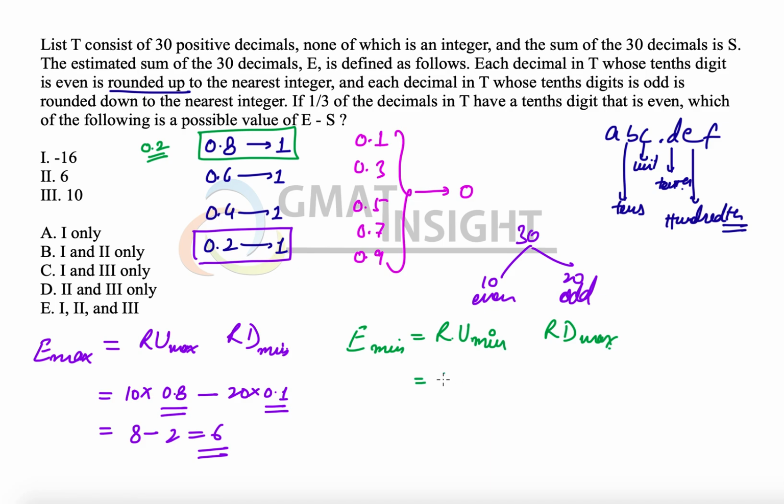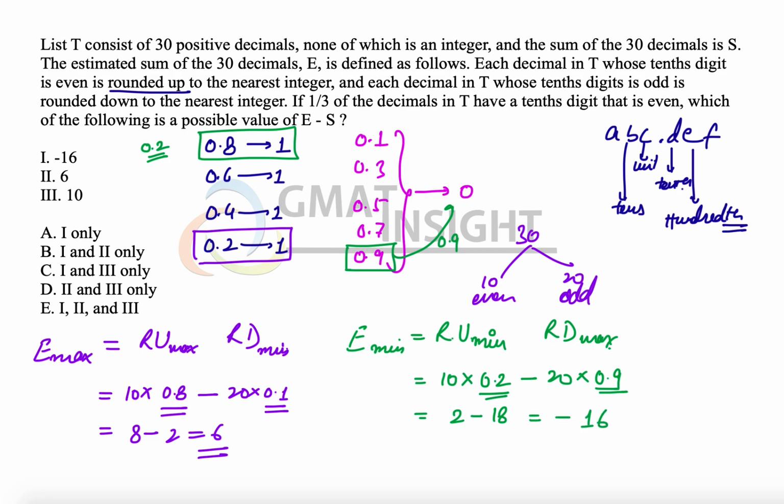Since we have 10 such numbers, the total round up will be 10 multiplied by 0.2, and we have 20 odd 10th place numbers, and the maximum round down will be when the 10th digit is 0.9, because in that case the total round down in one number will be 0.9. So in 20 numbers, the total round down will be 20 multiplied by 0.9. Now if we calculate it, this becomes 2 minus 20 times 9, that is 18, is equal to minus 16.